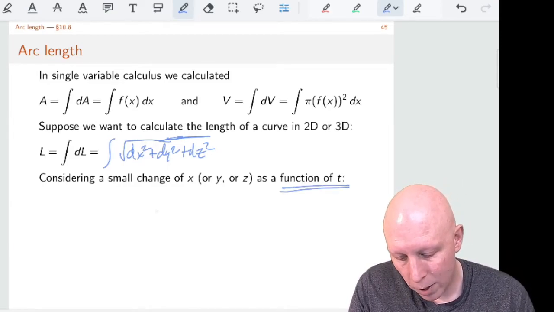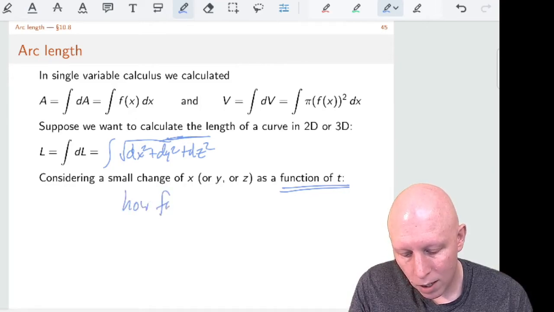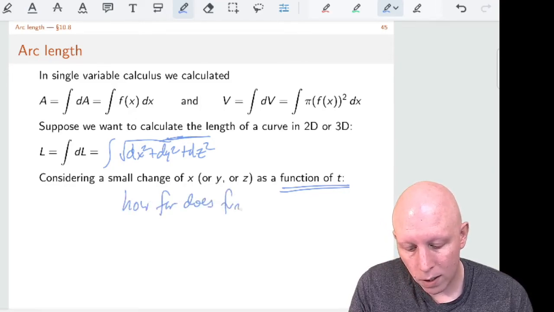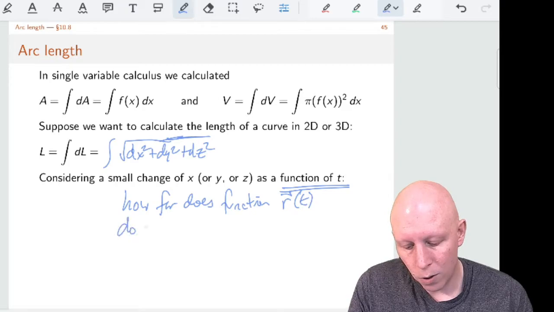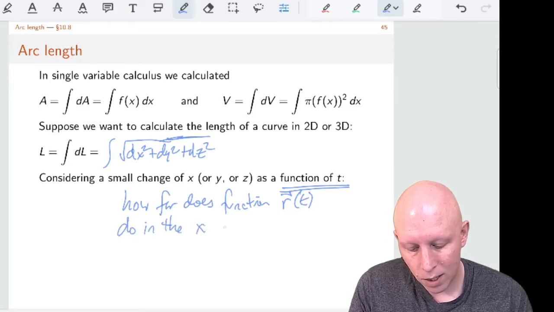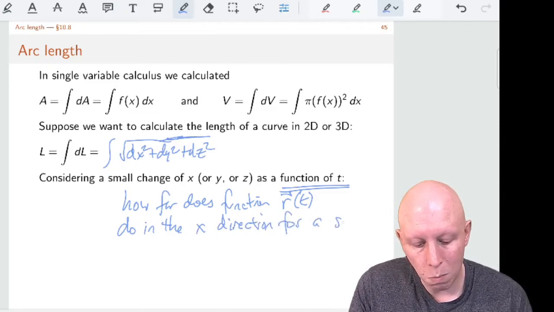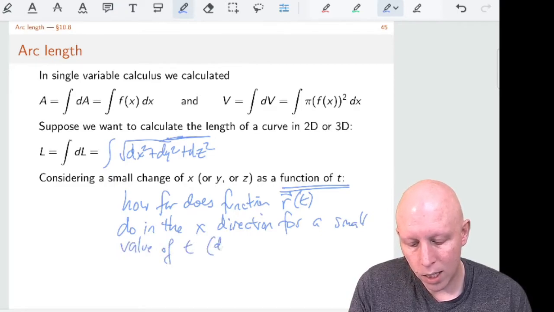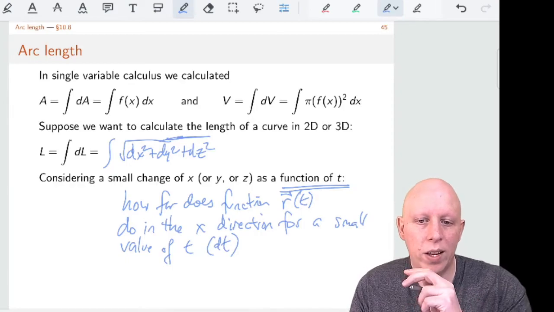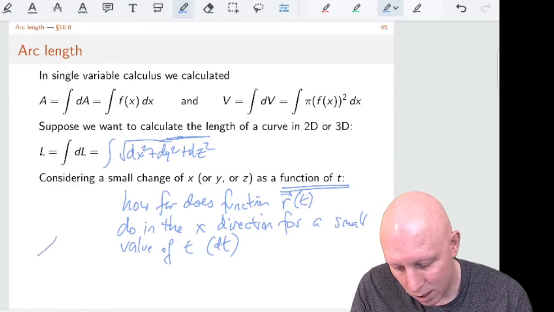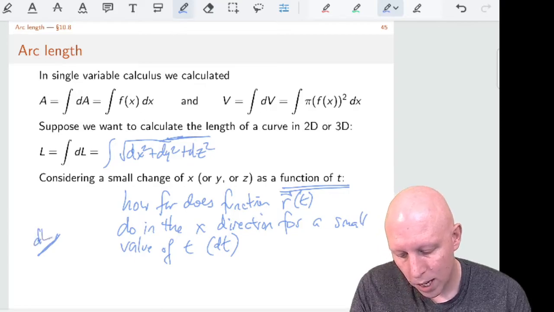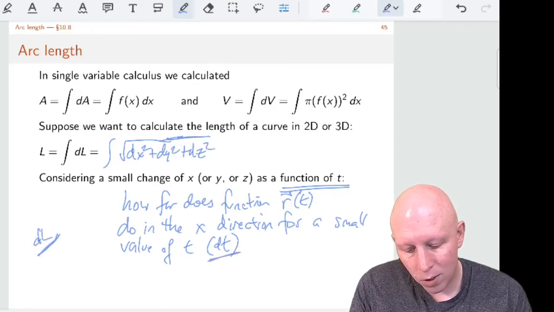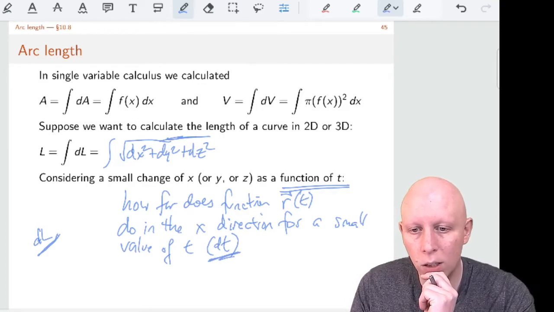So in order to say how far the function r of t goes in the x direction for a small value of t, dt, well, we're looking at this curve, we're going along the curve, and for some amount dt, how far are we going along the curve?